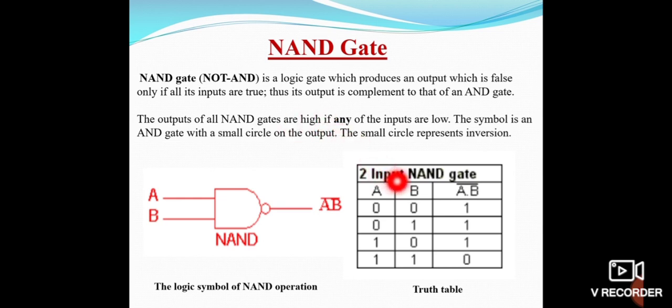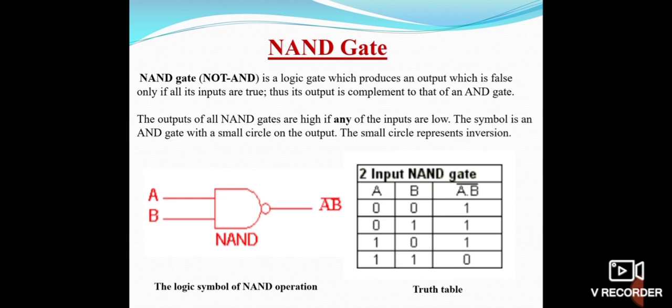So this is the truth table representation of two input NAND gate. If it is two input, we have four possible conditions. In an AND gate, as we studied earlier, we will get a high output only for one case, that is, if the two inputs are high.